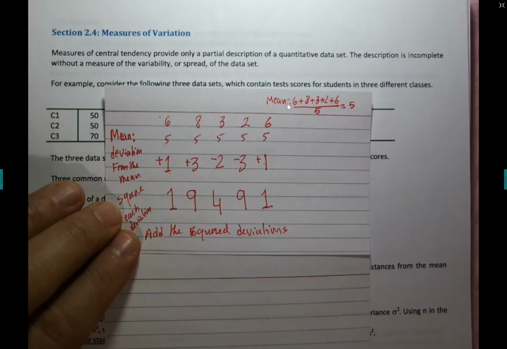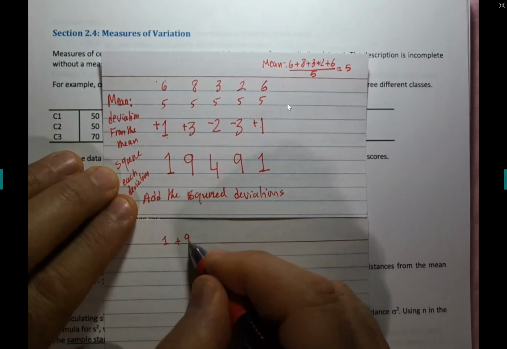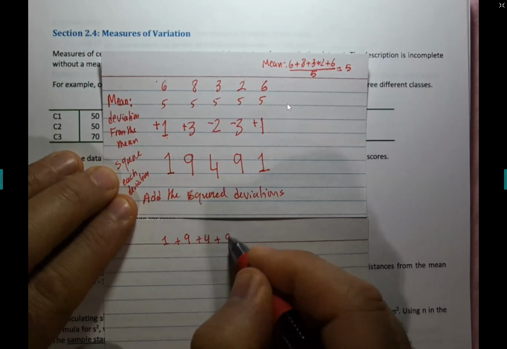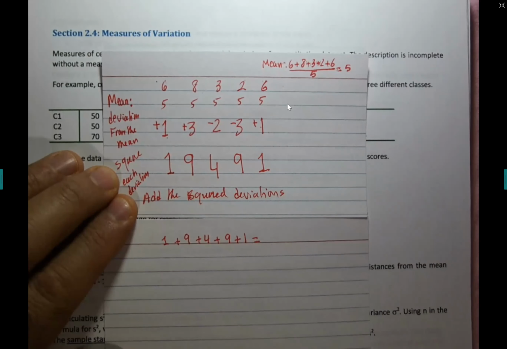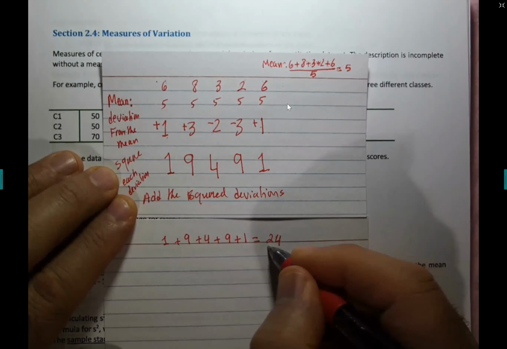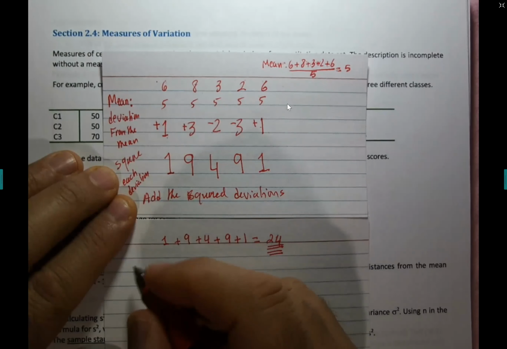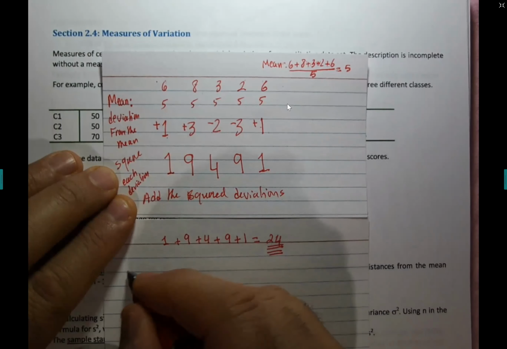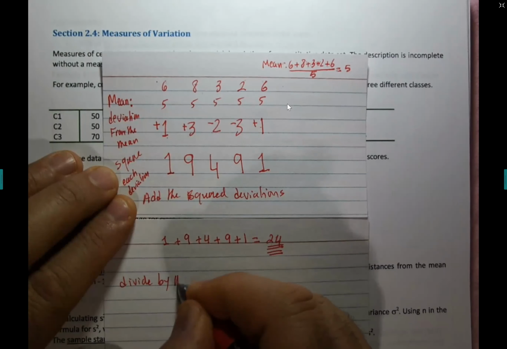If I add them, what do I get, guys? 1 plus 9 plus 4 plus 9 plus 1, which is what? 10, 14, and 9, 23, plus 1, 24. Okay, 2 more steps and we will have our standard deviation. Divide by the sample size minus 1.